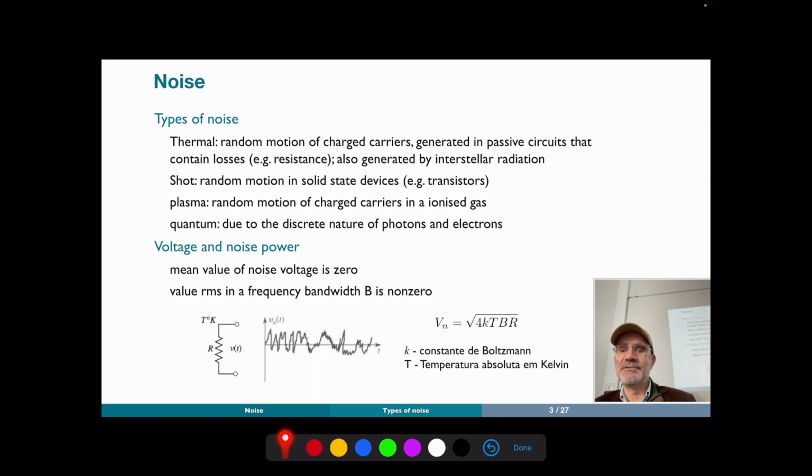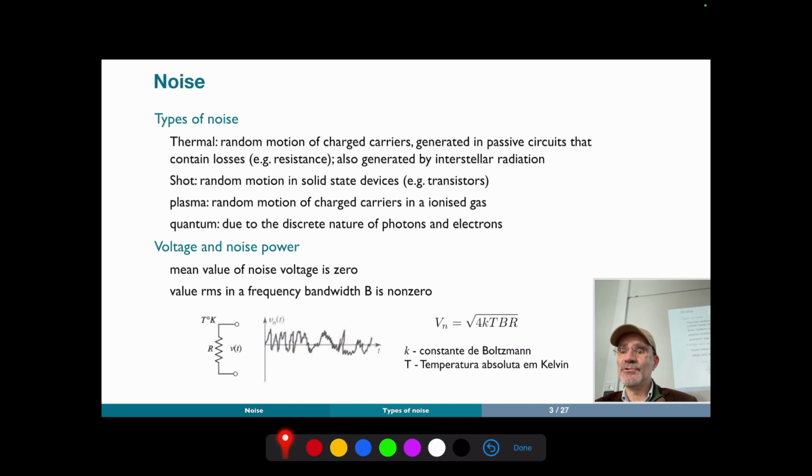The mean voltage will be zero, which means on average the voltage is zero, but the root mean squared, which is calculated by taking the square of the voltage at the output and calculating the average and then taking the square root of this, so it's the root mean square, over a certain frequency is non-zero.